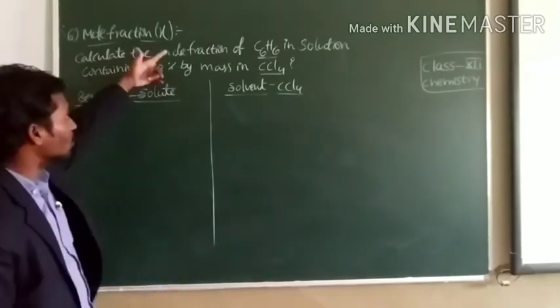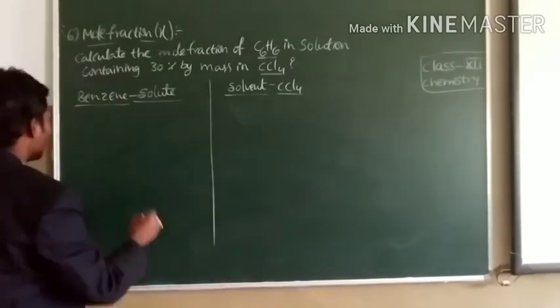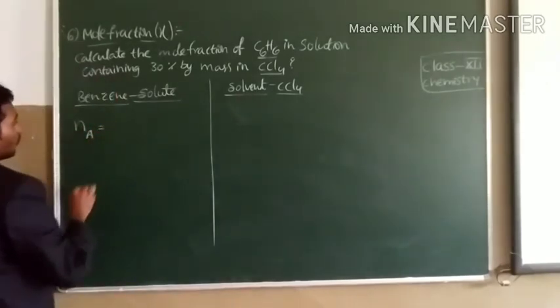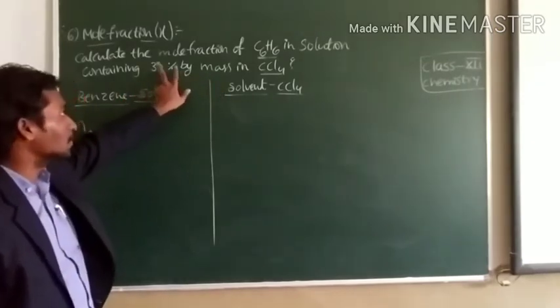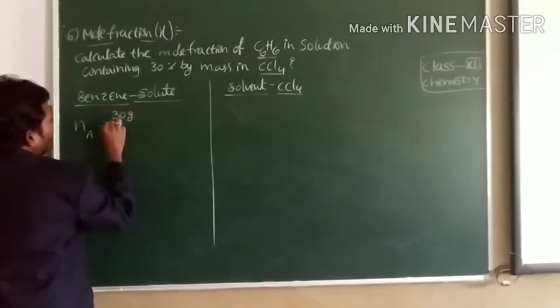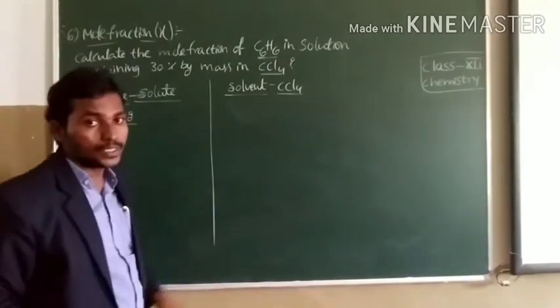First we have to find the number of moles of solute and the number of moles of solvent. Number of moles of solute, Na, is equal to mass of solute by molar mass of solute. Mass of solute is 30% by mass, that means 30 grams. What is the solute here? Benzene.